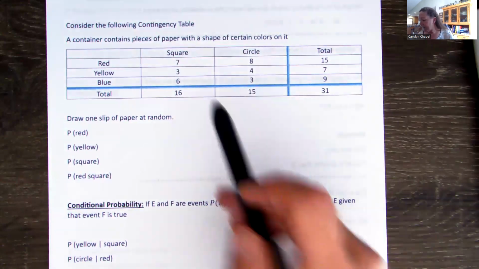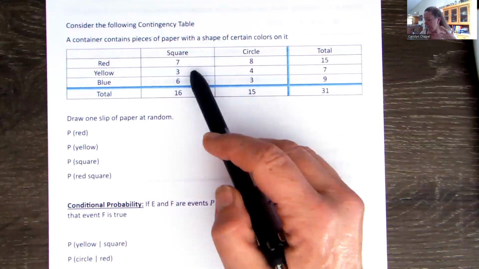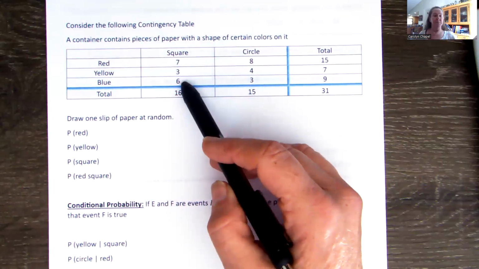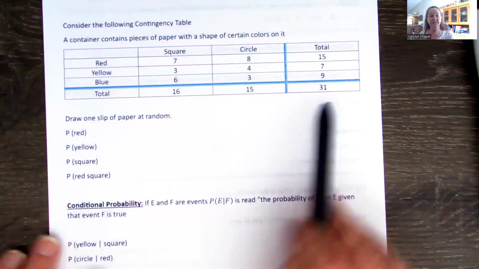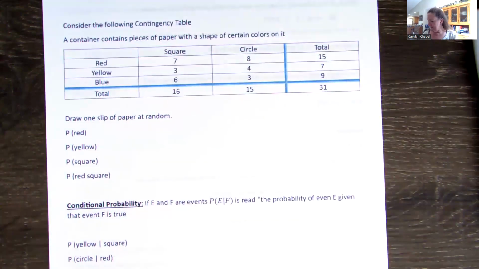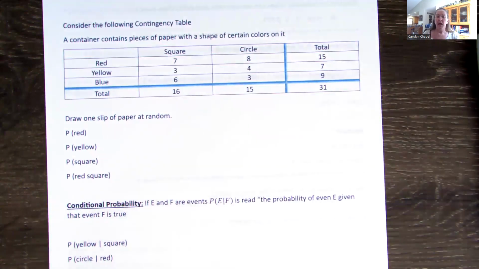So like we have 7 pieces of paper that have a red square on them, 3 yellow squares, 6 blue squares, and so on and so forth. I did put the totals down there to make it a little bit easier for us to do some of this work.